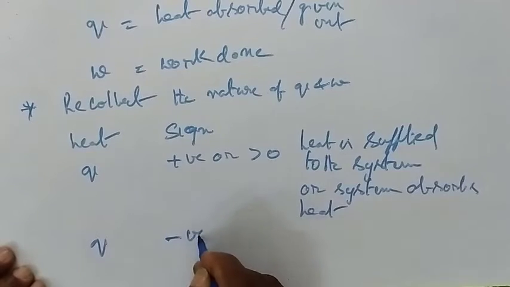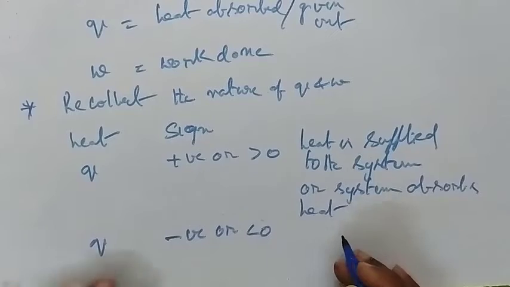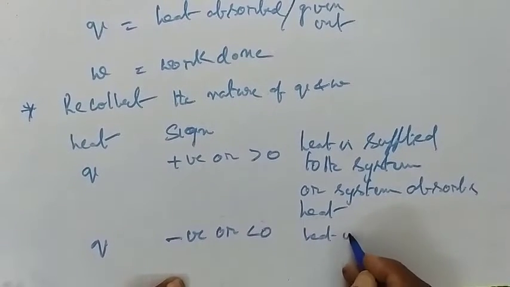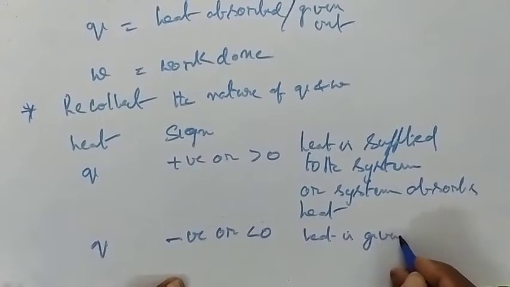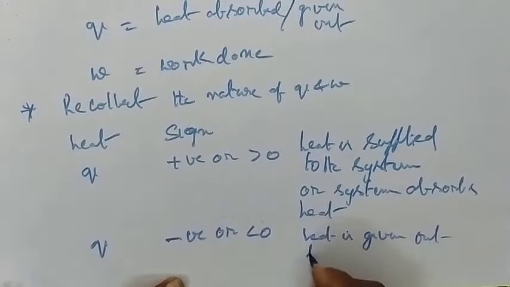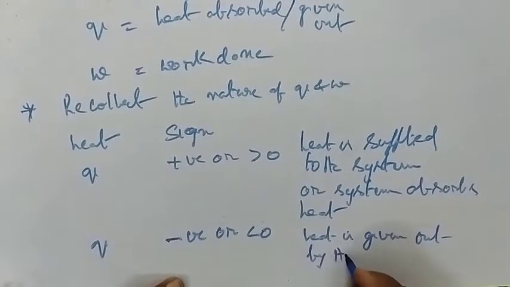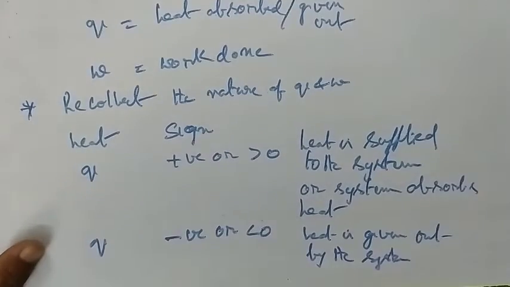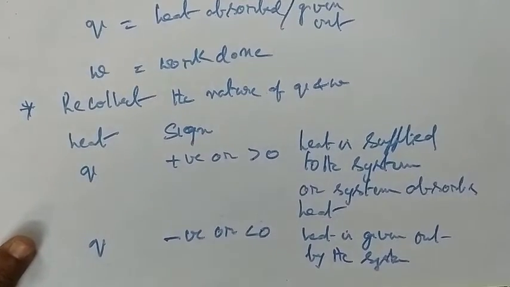If Q is negative or less than 0, heat is given out by the system. Heat is given out by the system, or heat is lost by the system.